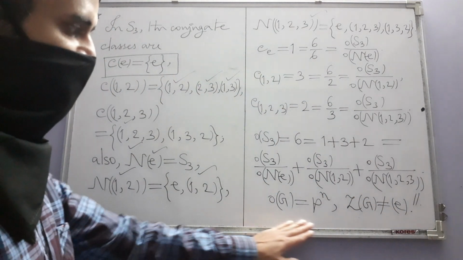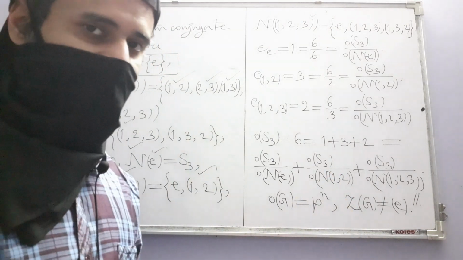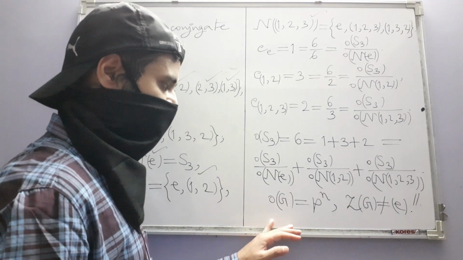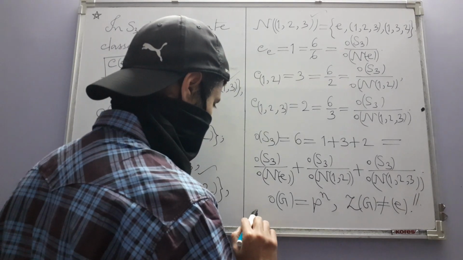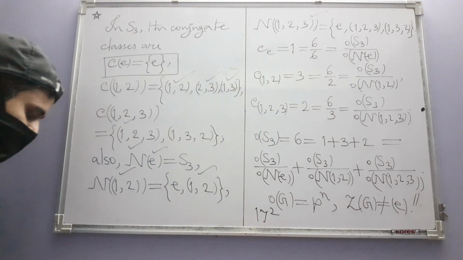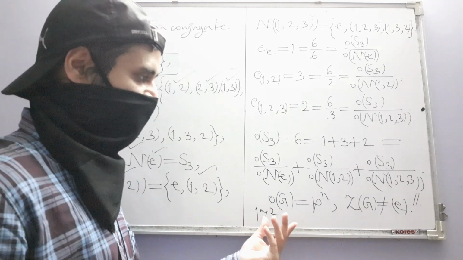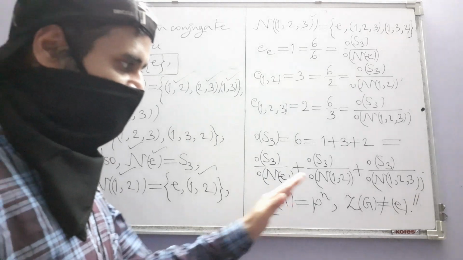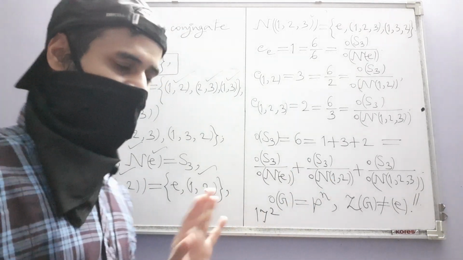That is, the center of G must have at least one element different from the identity element. So, for example, if you have a group whose order is, say, 17 squared, it has quite a few elements, but we would automatically know that its center would have something other than E. So there is a non-identity central element in all such groups. So we will see these things.